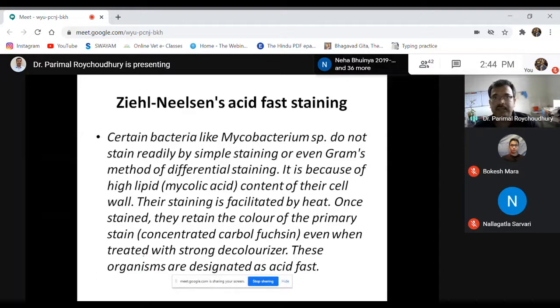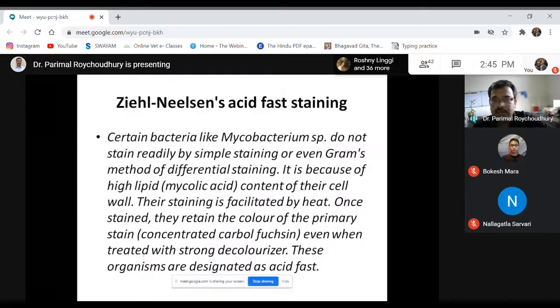Then coming to the Ziehl-Neelsen acid-fast staining. This difficulty appeared with the Mycobacterium species that cause tuberculosis in man and animal. When people tried to visualize and stain this bacteria with the gram staining, they found that the bacteria do not take the gram stain properly.